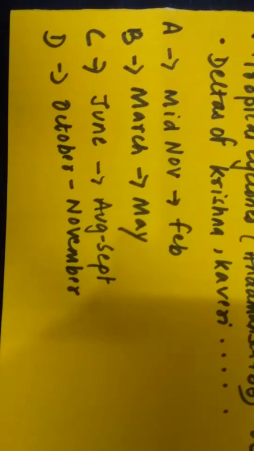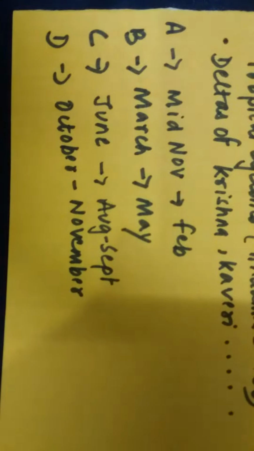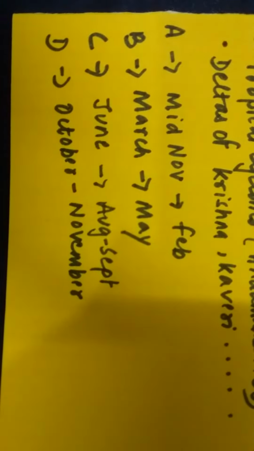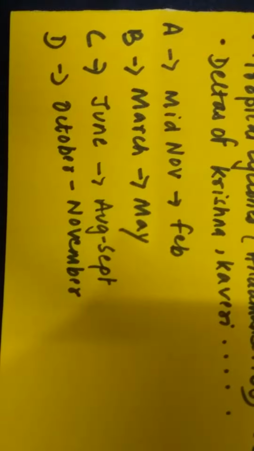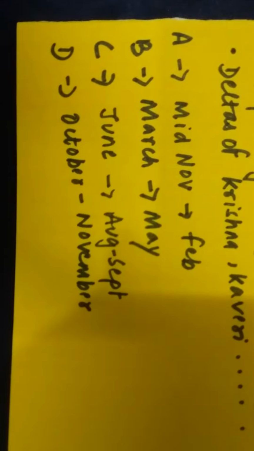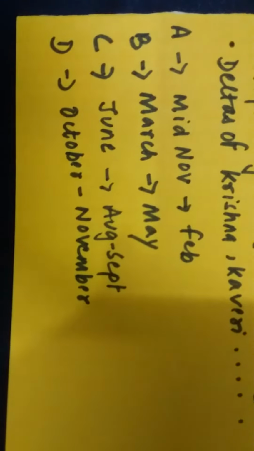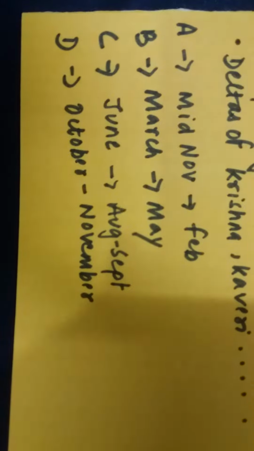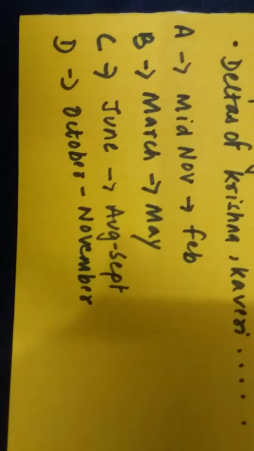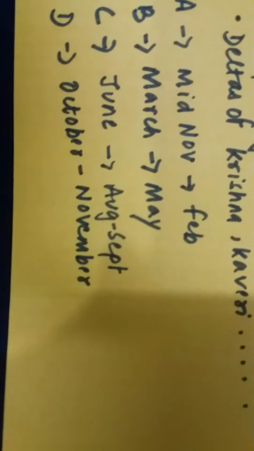Then in C, we talked about the rainy season, or the advancing monsoon, where there is seasonal reversal of wind. So that basically starts from June and continues till August or late August and September. D is the retreating monsoon, and this is a very important phenomenon, and it is basically the transition period from what is the condition and what will be the condition.